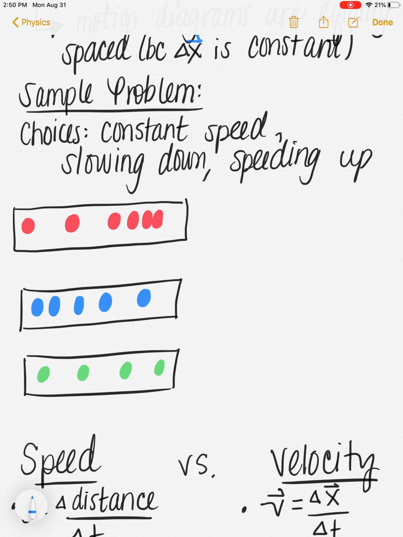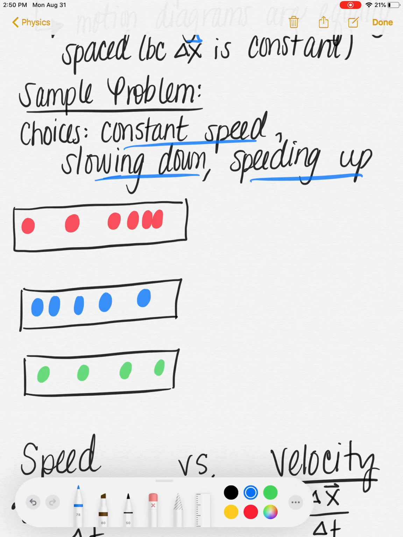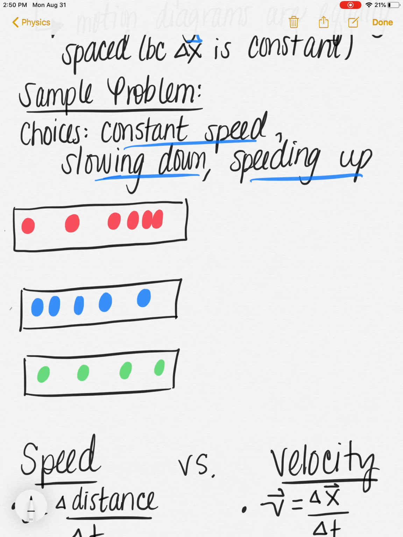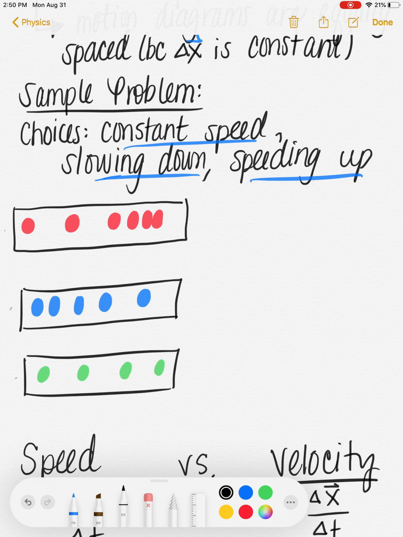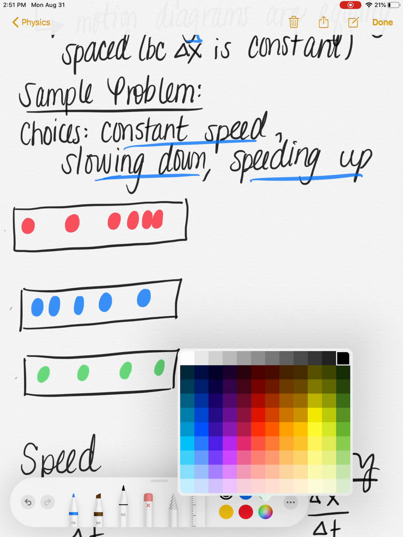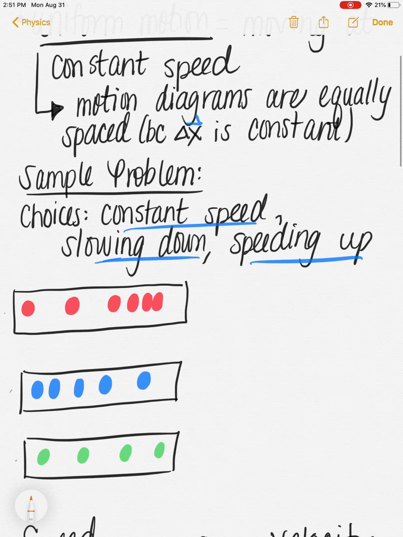All right, so some sample problems. Your choices are moving at a constant speed, slowing down, or speeding up, and you have the three diagrams listed here, 1, 2, 3. You are supposed to define which is moving at a constant speed, which is slowing down, and which is speeding up. In class, we decided that it would perhaps be easiest to begin by identifying which object is moving at constant speed.